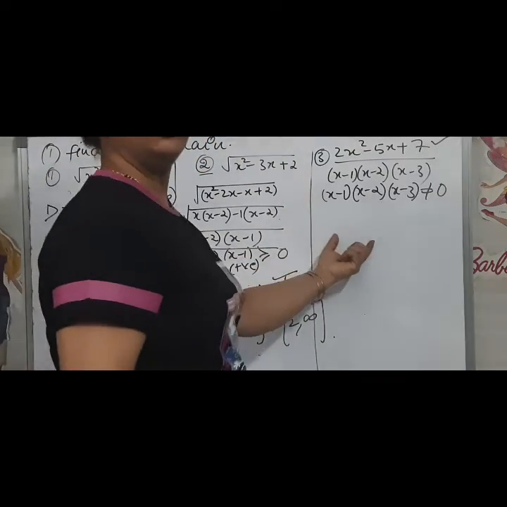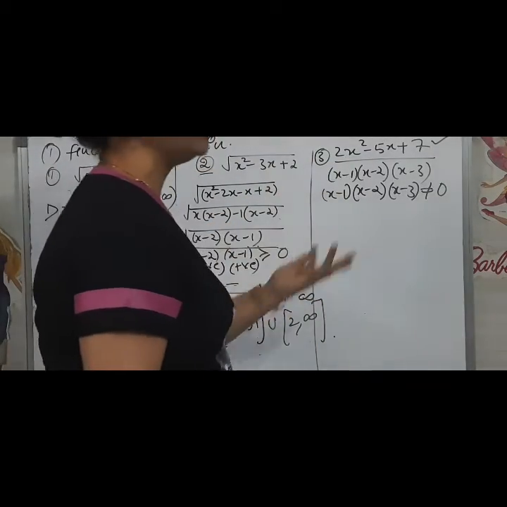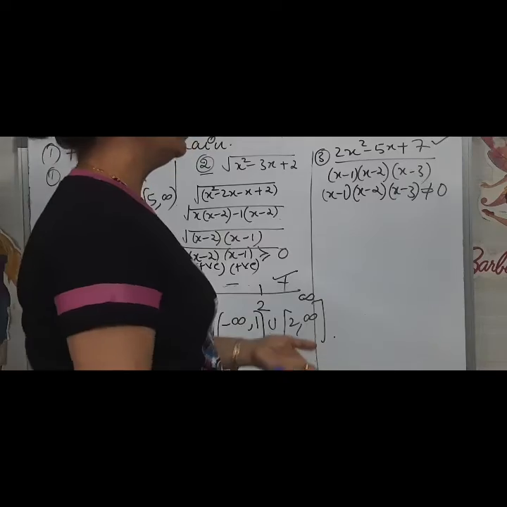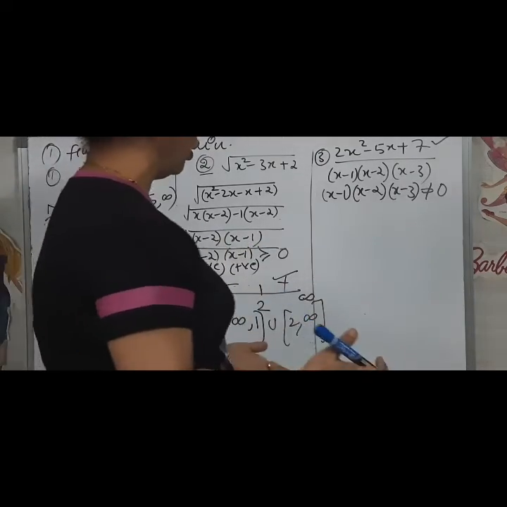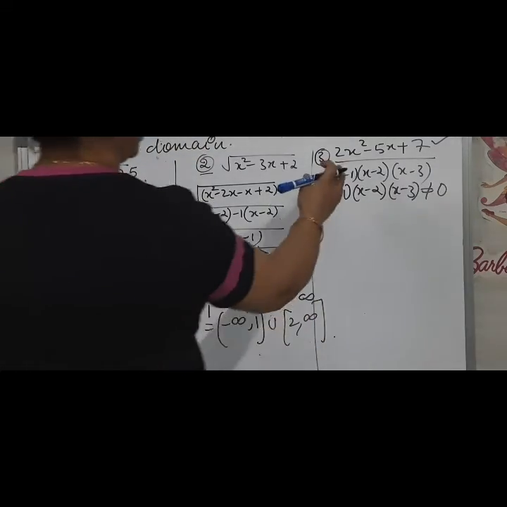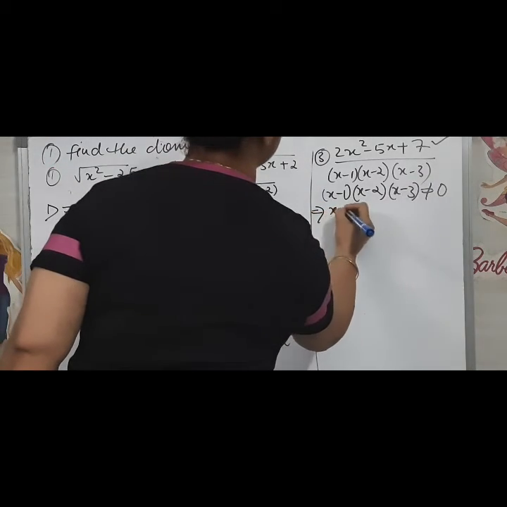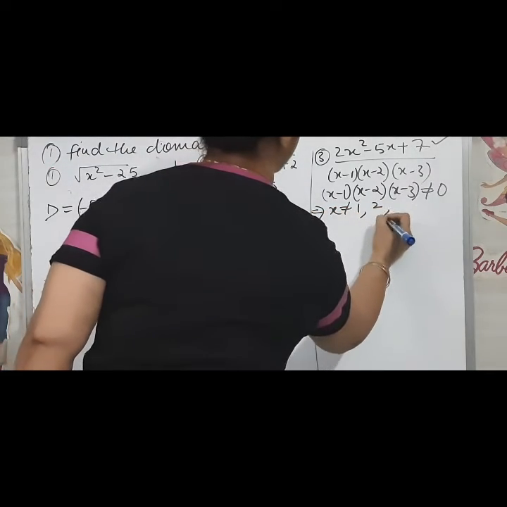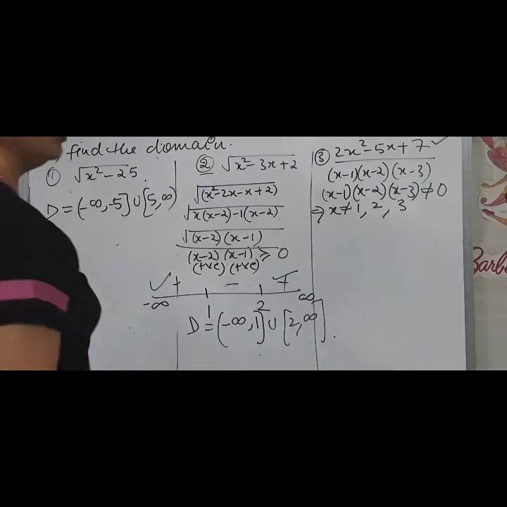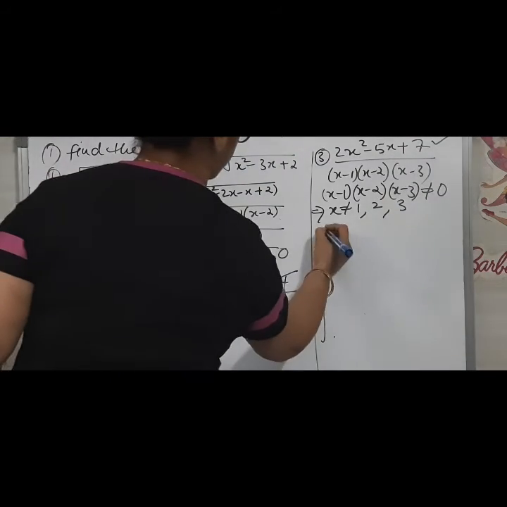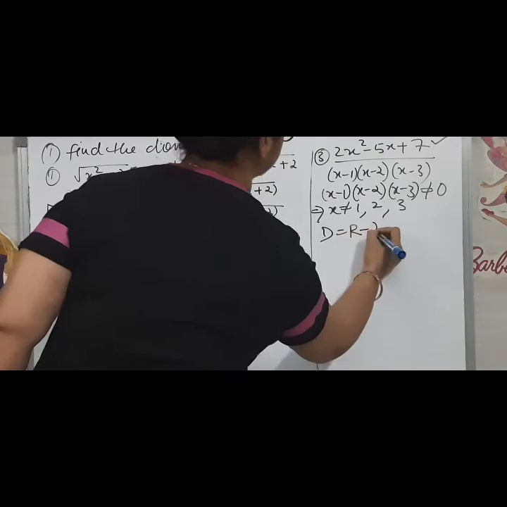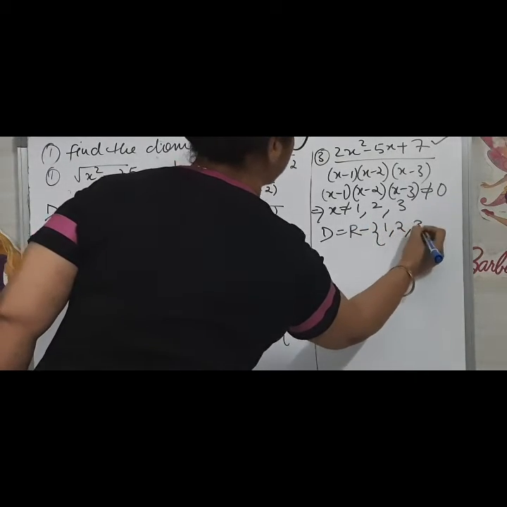If one of the values is 0, the whole expression becomes infinity, which we don't want. So what we will do: the denominator is not equal to 0. This implies that x is not equal to 1, not equal to 2, not equal to 3. What will be your domain? All the real numbers except 1, 2, 3.